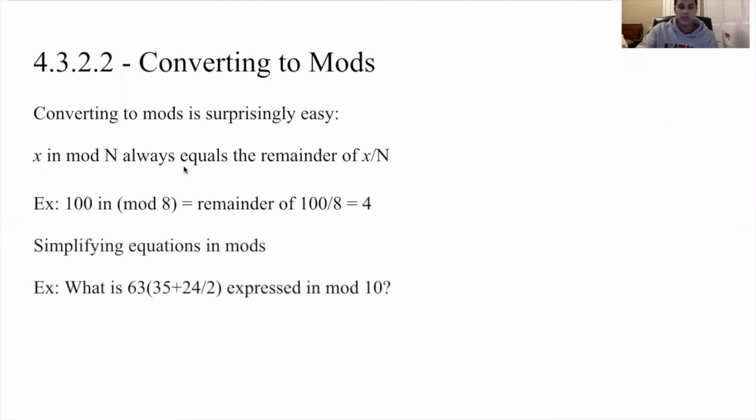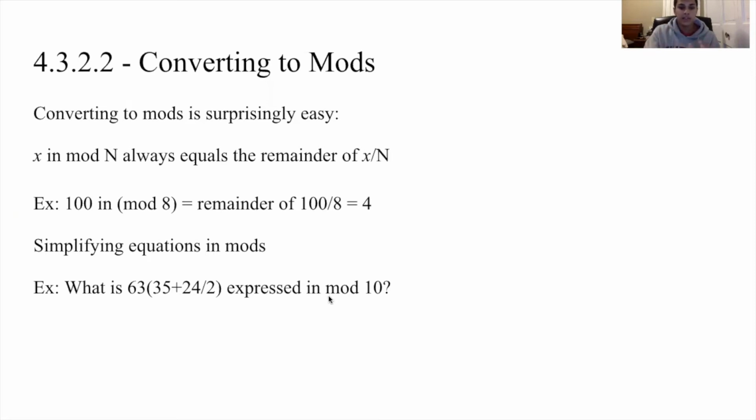All right, so we're going to talk a little bit about simplifying equations in this mod based on this rule. So if we have this question, what is 63 times 35 plus 24 over 2 expressed in mod 10? At first, it looks really daunting. And of course, you could just plug and chug it in your calculator, where you just multiply everything out and divide everything out.